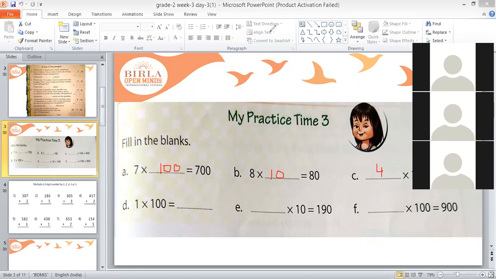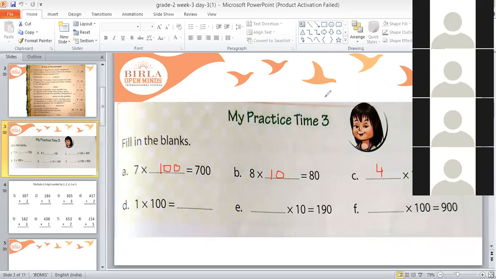Ashwita Nalla. Yes, ma'am. Yes, answer for the fourth bit: 1 into 100 is equal to? 100. Very good. 1 multiplied by 100 is equal to 100. That's the correct answer. Very good. Now next.